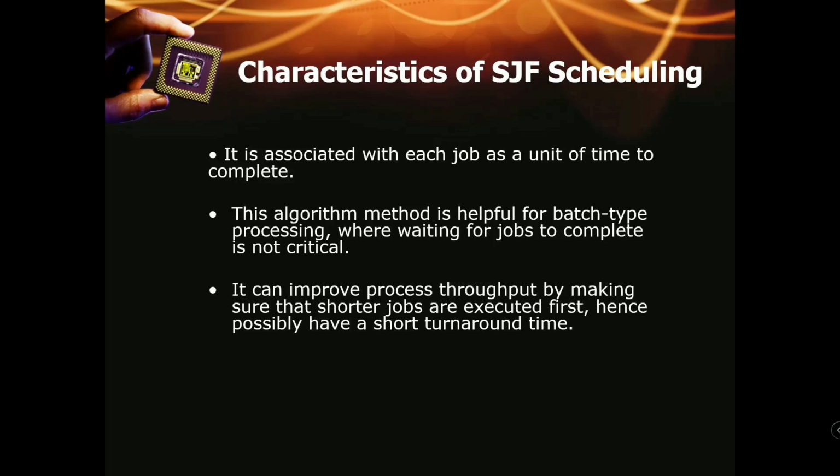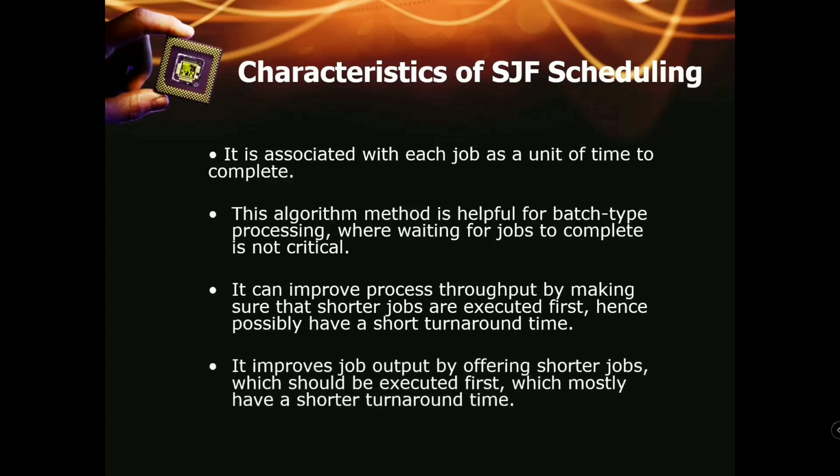Third, it can improve process throughput by making sure that shorter jobs are executed first, hence possibly having a short turnaround time. And last, it improves job output by offering shorter jobs which should be executed first, which mostly have a shorter turnaround time.